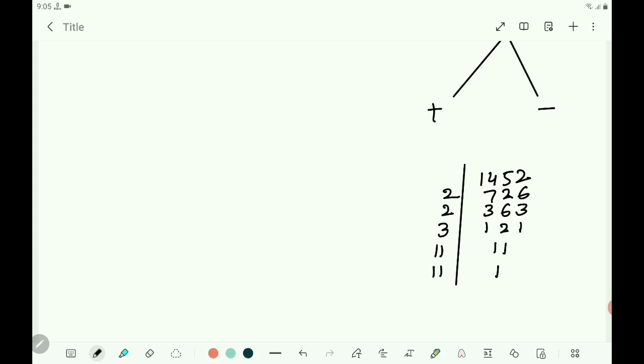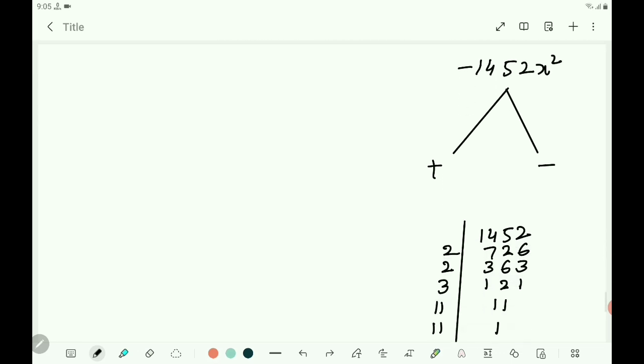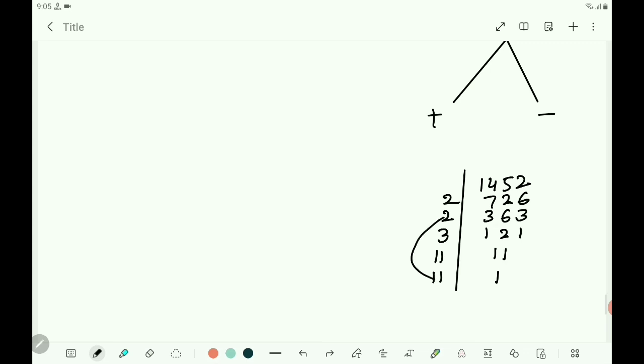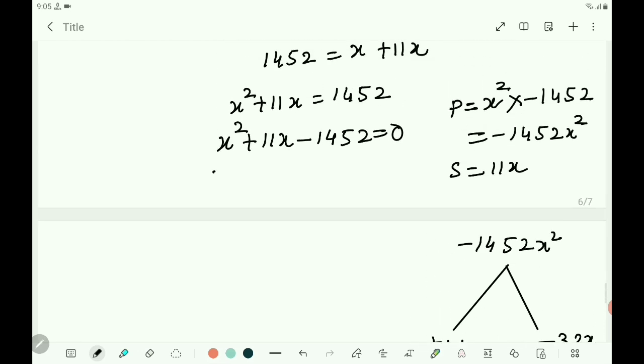Here we have to take the difference 11, so you can take 11 into 2 into 2, 44, and 11 into 3, 33. The difference is 11. 44x minus 33x. Then you write x square plus 44x minus 33x minus 1452 equals 0. Out of this, remove common.